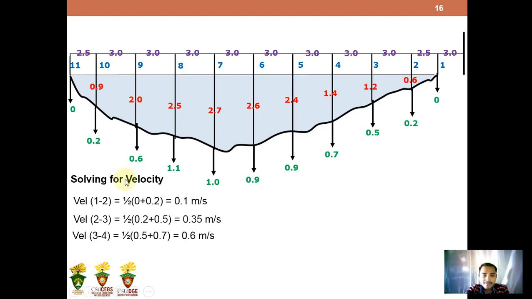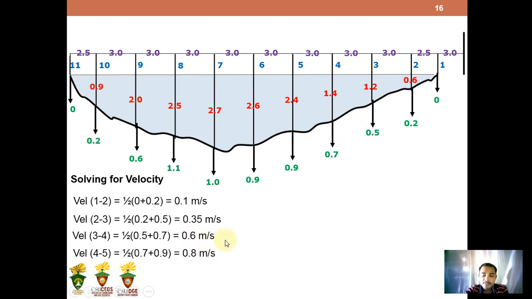Next is for the velocity between 3 and 4. So we need to get the mean, so 1/2 times 0.5 plus 0.7, that leads to 0.6 meters.